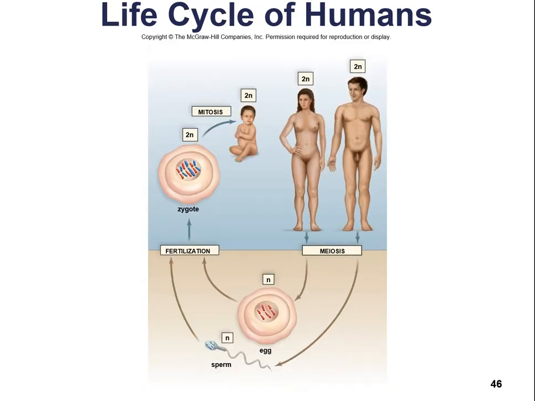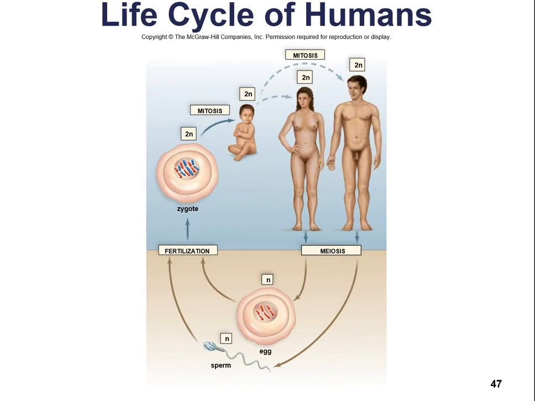Okay? So if you look at the life cycle here, we're showing you that these are 2N individuals, any individual, right? 2N. And if you're talking about going from a fetus to an embryo, or an embryo to a fetus, sorry, and then to an actual fully developed baby, and the growth that occurs from infant to childhood to adult, it's all via mitosis, okay?